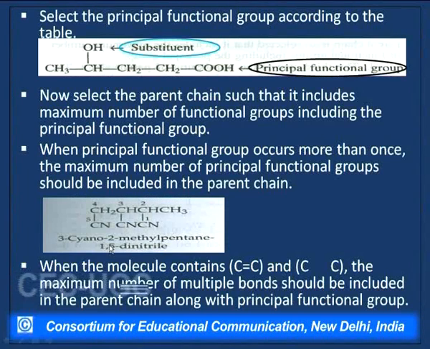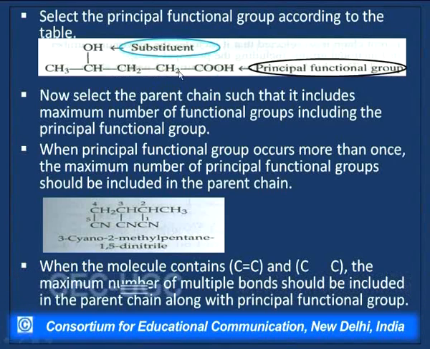Now let us take some examples of polyfunctional compounds. Now if I talk of a polyfunctional compound, what I see here is, I've taken a polyfunctional compound in which I've taken two functional groups. One functional group is COOH and the other functional group is OH. Now if I go back to my priority table, what does my priority table show? It shows that the COOH group is coming first in the priority table.